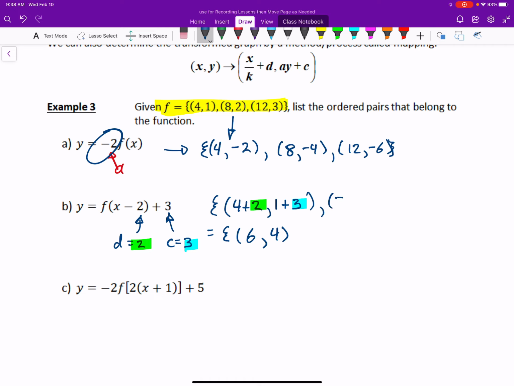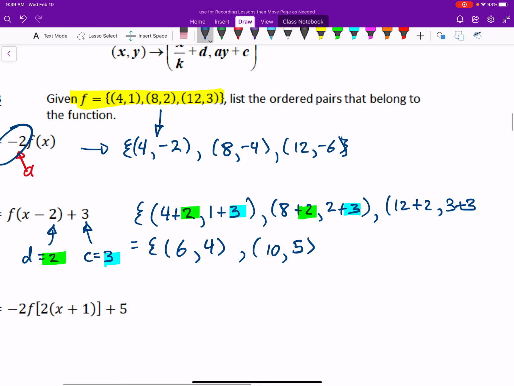And then for the next one, 8, 2, I'm going to do 8 plus 2 and 2 plus 3. Again, my D value and my C value, I just add those on there, and I've got the point 10, 5. And then my last one, which was 12, 3, I'm going to do 12 plus 2 and 3 plus 3, again because of my D value and C value respectively.